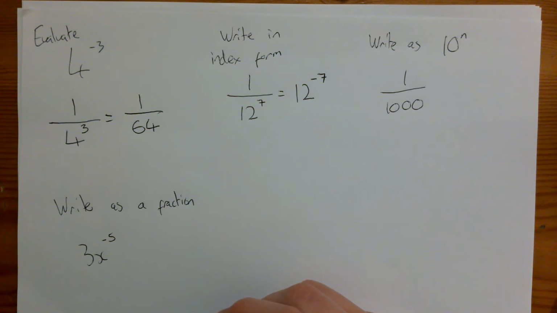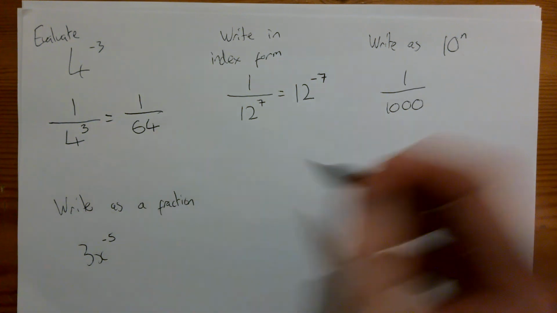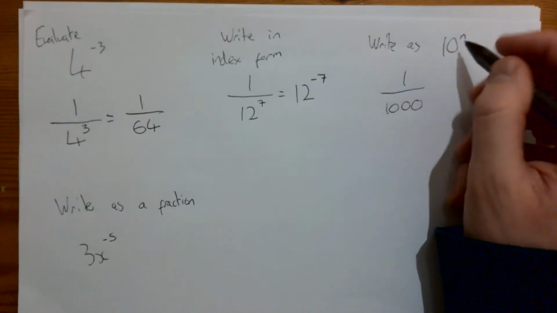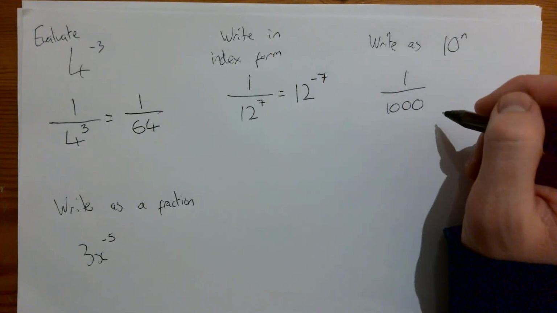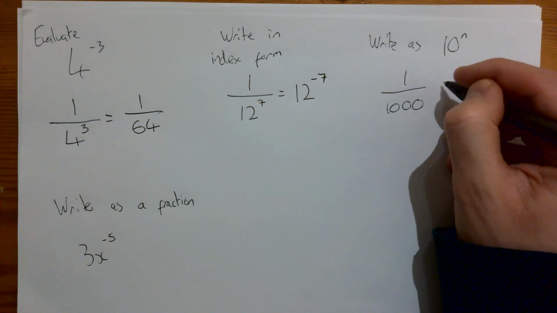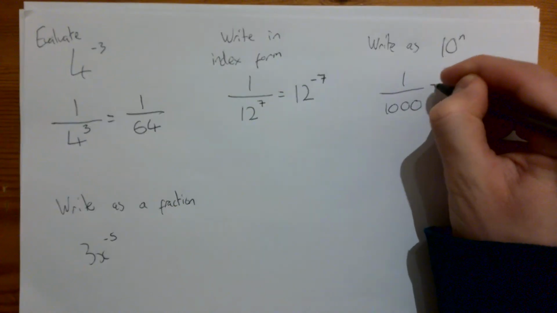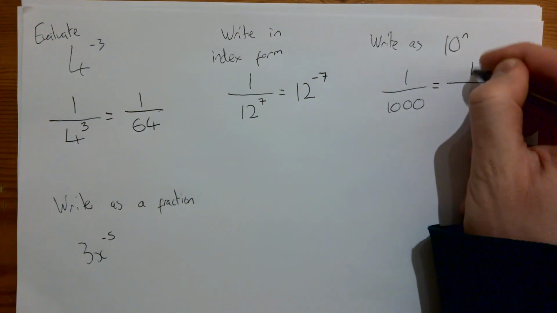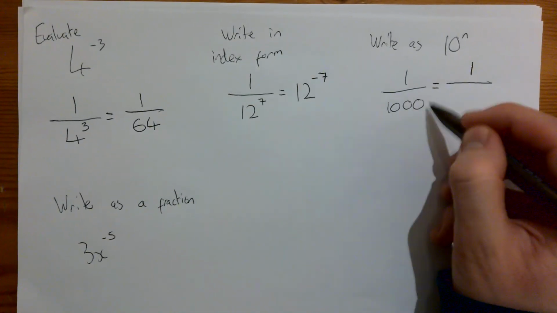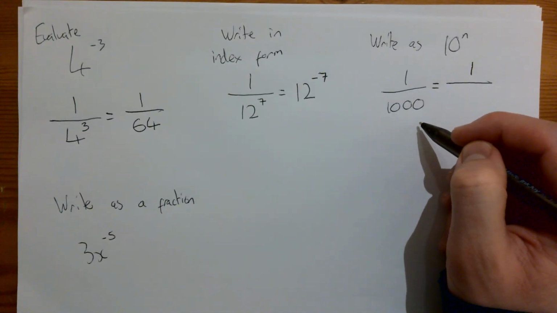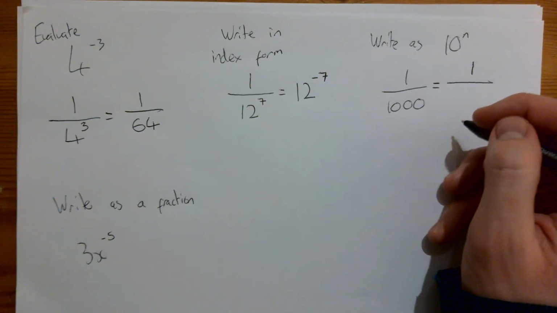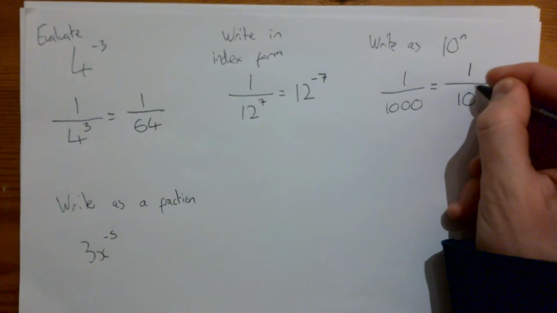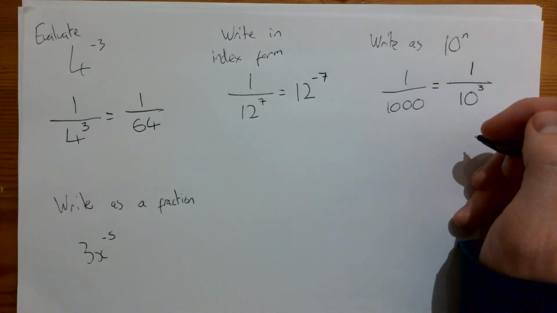Couple of more extension ones. Now, this is the main bit of today's lesson, but a lot of us will get through those questions quite quickly. This one wants us to write it as 10 to the power n, so it wants us to write it as a power of 10. Well, first thing I'm going to do is change it to make it 10 on the bottom. So I know that 1000 is 10 cubed, so 1 over 1000 must be the same as 1 over 10 cubed.